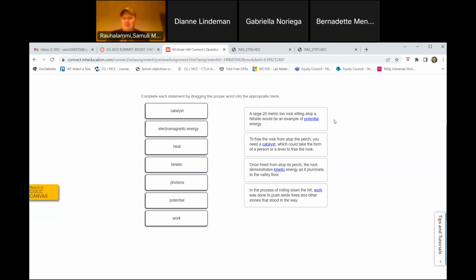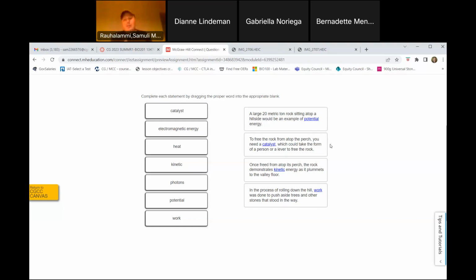It does take effort to move things. So that rock holds energy. That energy is not really released, but it's stored there. And if we let that object move towards the gravity, that energy is released.